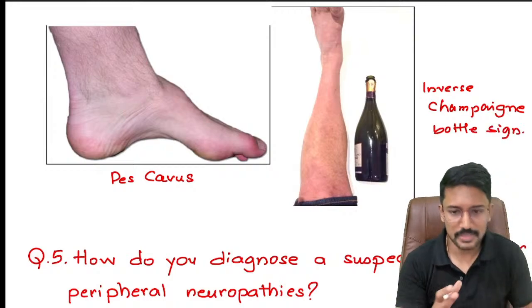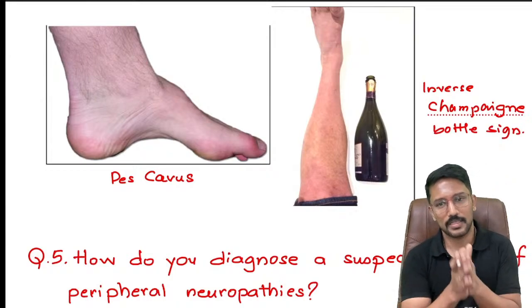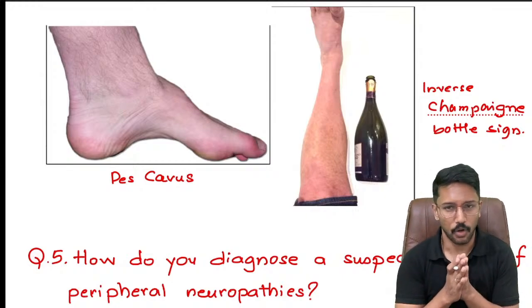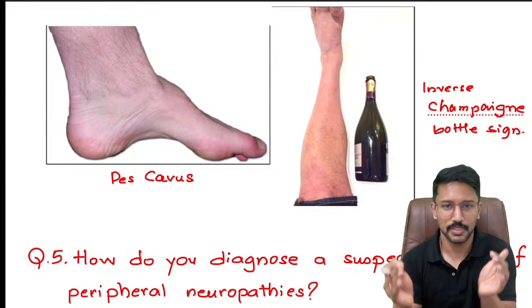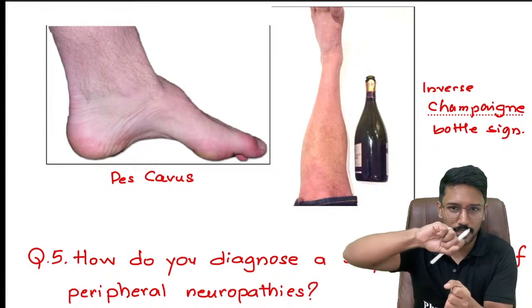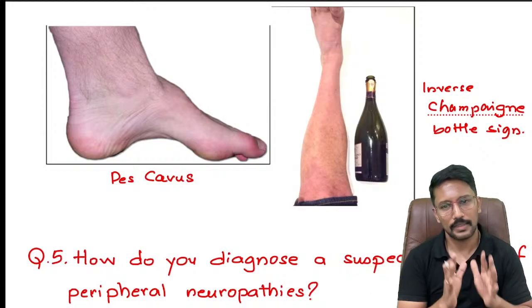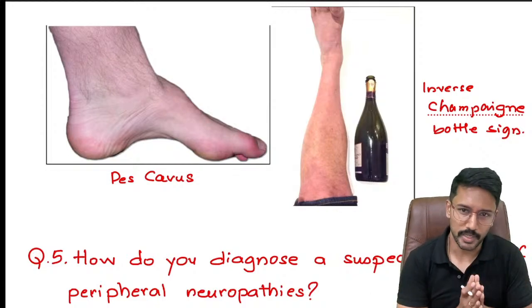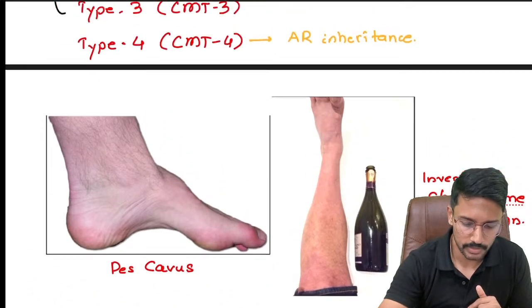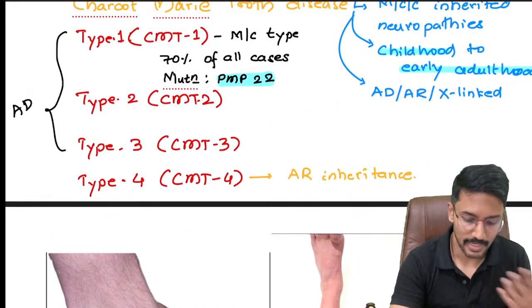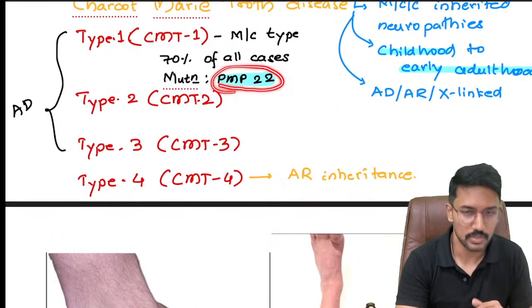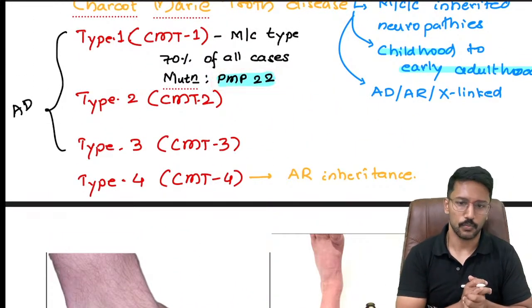So whenever a question says that a child has developed the pes cavus defect, or they give the image of this leg, which when you see it looks like an inverted champagne bottle, then you're probably dealing with a Charcot-Marie-Tooth disease. And among them, we know that the most common is type 1. So if they're asking which mutation we would expect, it is most likely PMP22.